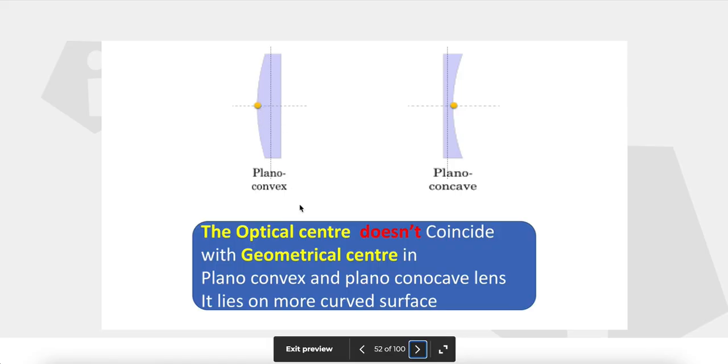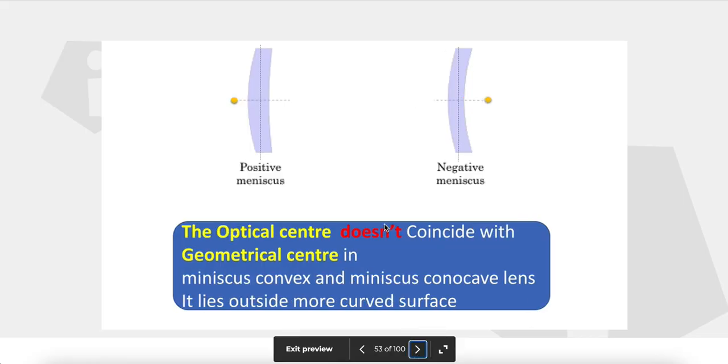It lies at the curved surface, the more curved surface. But if we have a meniscus lens, either positive or negative, then the optical center doesn't coincide with the geometrical center, but lies outside the more curved surface. So the principal point doesn't always lie on the surface of the lens.